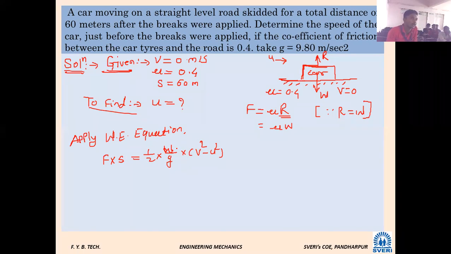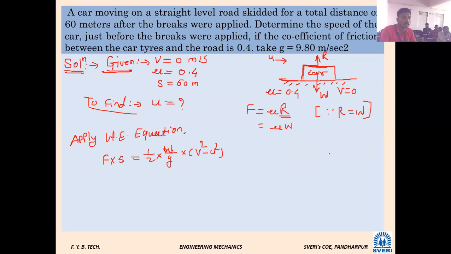Whenever we are doing work against any force, against the displacement, the work done is negative. After application of the brake, retardation will start, so it is the work done against the displacement.